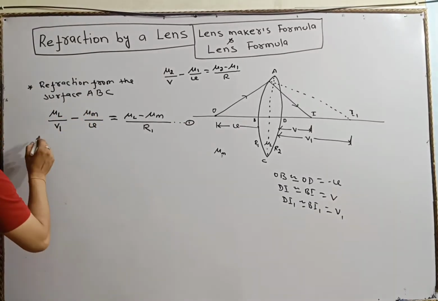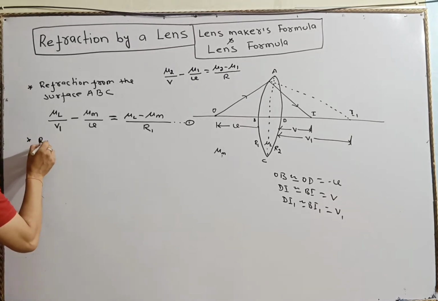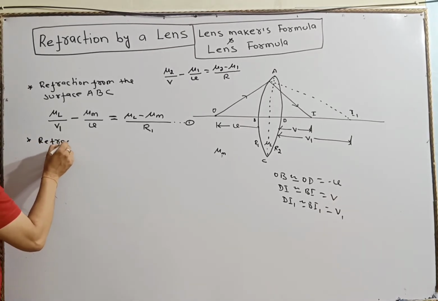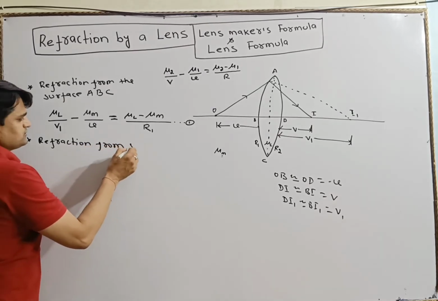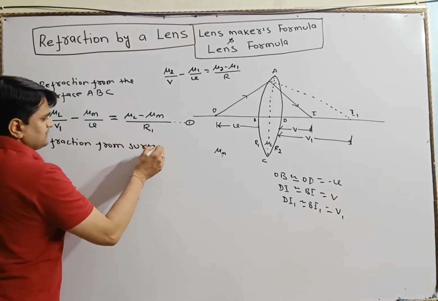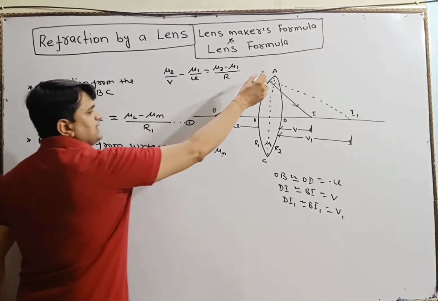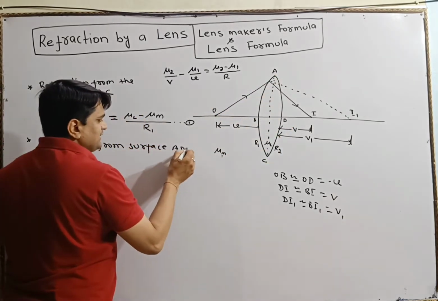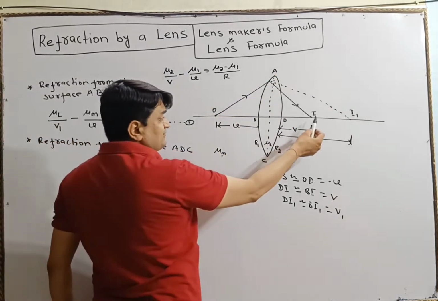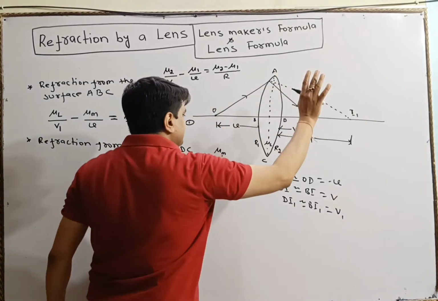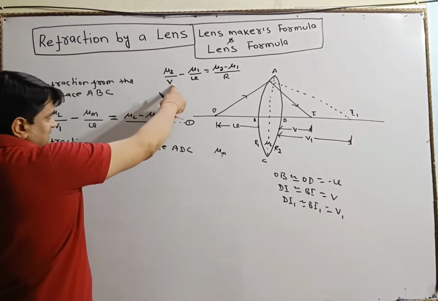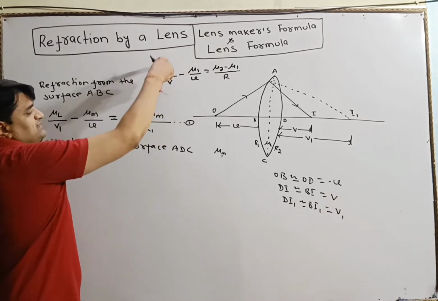Now refraction from the second surface ADC. Now the final image is in medium mu M. Here this medium and this medium are the same. We take the medium in which the image is formed.